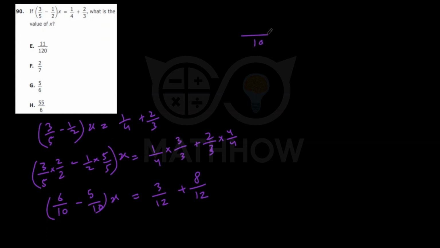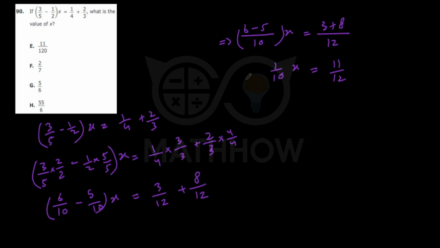We can write it only one time. 6 minus 5 equals, similarly, on the right side the denominator is same, so it can be written only one time because this is the LCM. So 3 plus 8, this will become 11 over 12, and this will become 1 over 10.